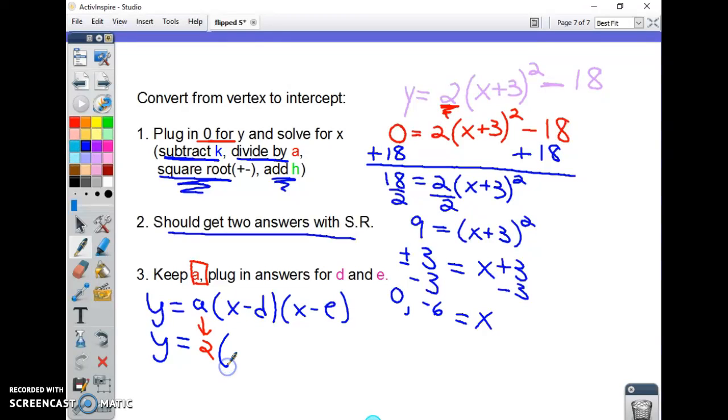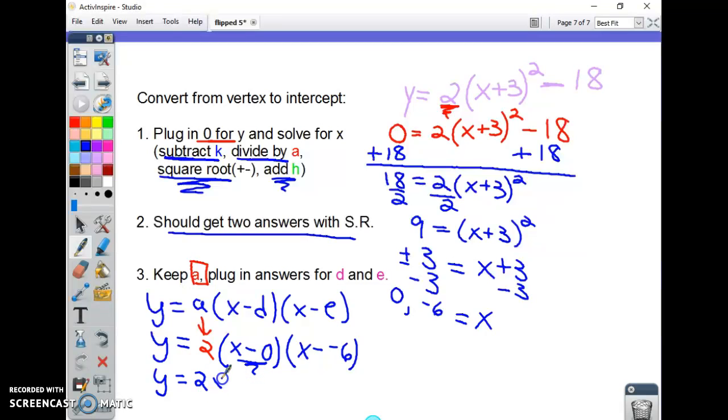Next, we're going to plug in the answers for d and e. So x minus the first answer, 0, and the second answer, x minus negative 6. Now, technically that is the correct answer here, but we're definitely going to want to do some cleanup. So we have y equals, this right here, x minus 0 is just going to be x.